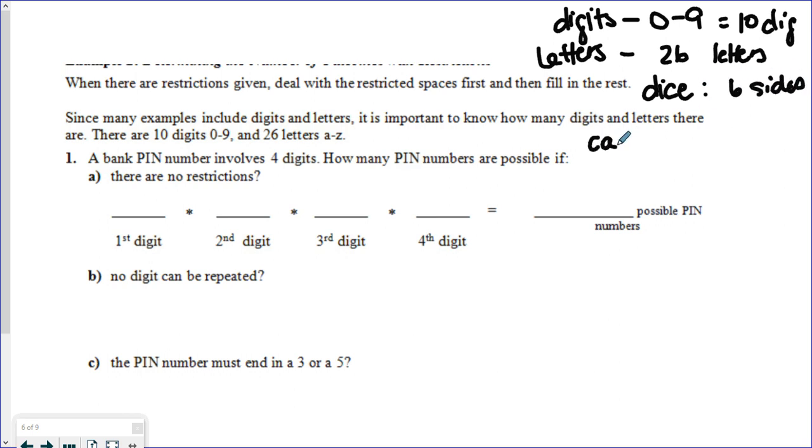Cards, you actually need to have a bit of an understanding of what a deck of cards is. So 52 cards. There are 4 suits. So oh, I kind of drew this line. There are hearts, diamonds, spades, and clubs.